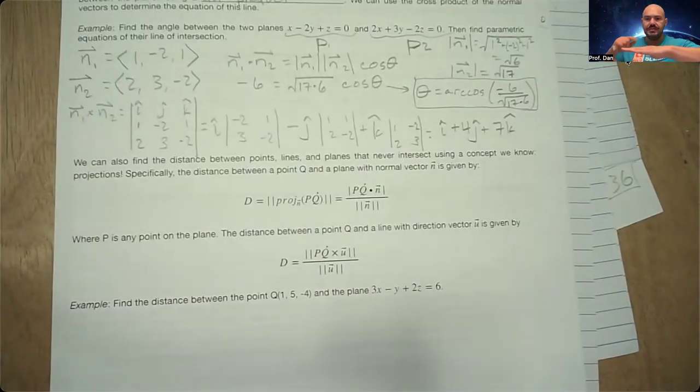So it'd be like a plane and then a point that's somewhere above or below it. We could also use it to find the distance between points and lines, or two parallel planes, or two parallel lines, or even a line that's parallel to a plane, right? So all of this kind of goes back to some of the other ideas that we've learned.